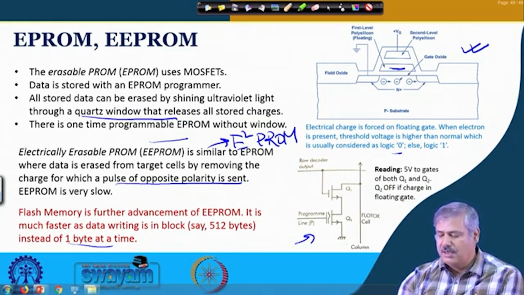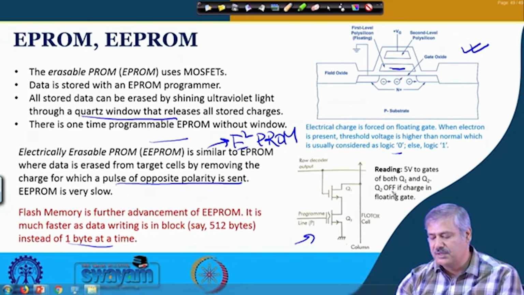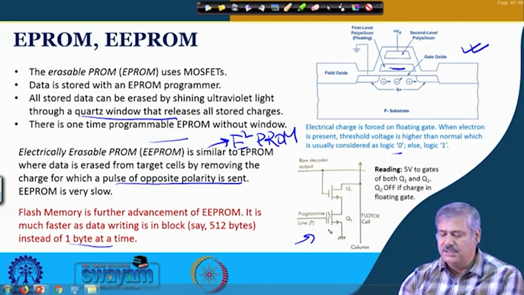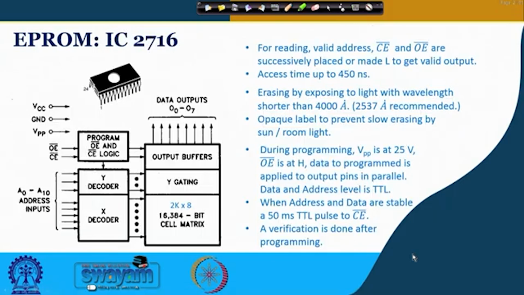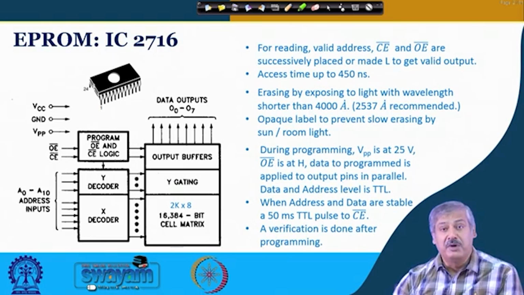Depending on this particular case, this Q2 will be off if charge is there in the floating gate, because the threshold voltage becomes much higher. And if it is on, then it will be the normal operation. So, this will be on, this will also be on, and this voltage will be accordingly. Is it fine?